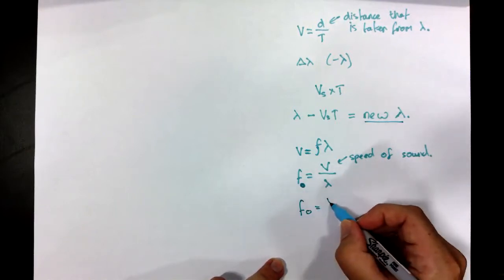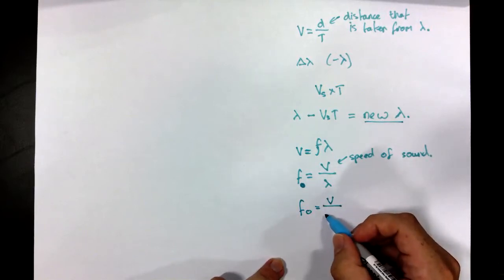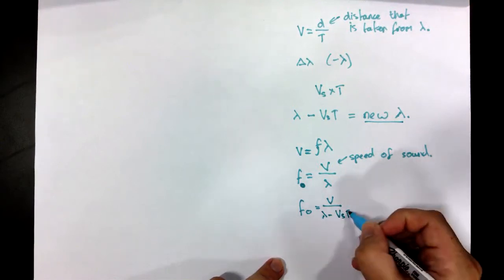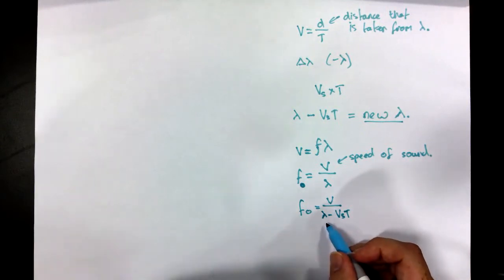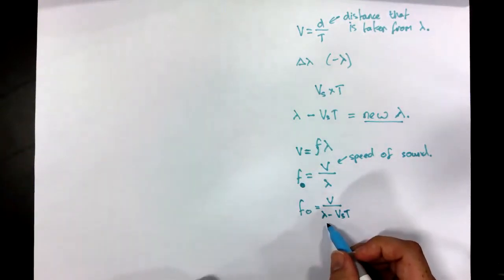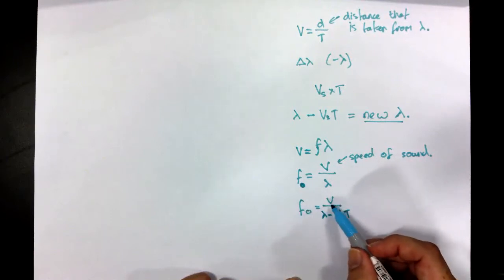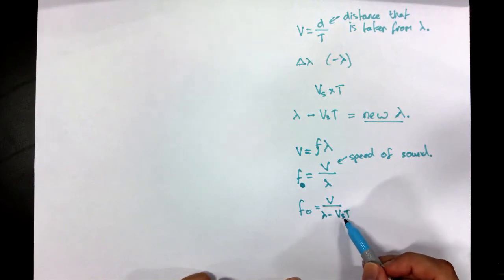F naught is equal to V over lambda minus Vs times T. Just bear in mind that this is the original lambda, the lambda that is effectively emitted as the sound that we're interested in. So this is the observed frequency, the speed of sound, and the amount by which the wavelength has changed.